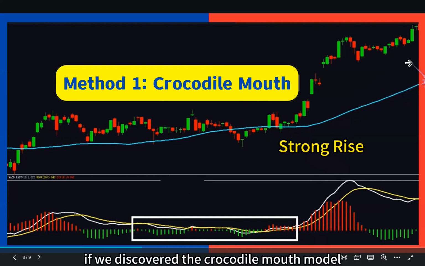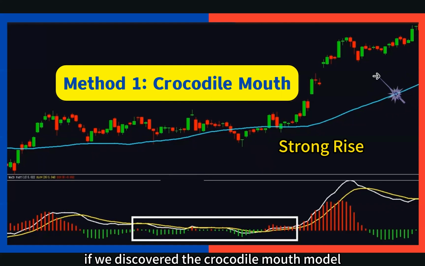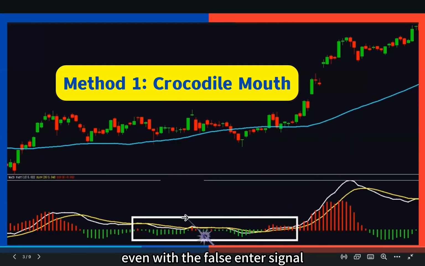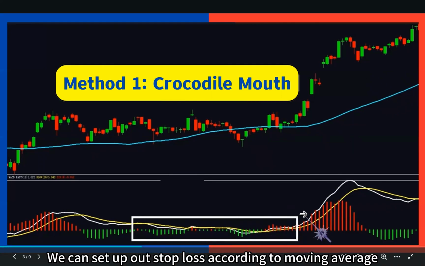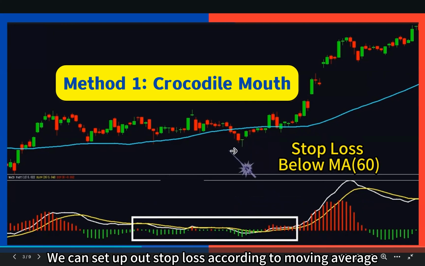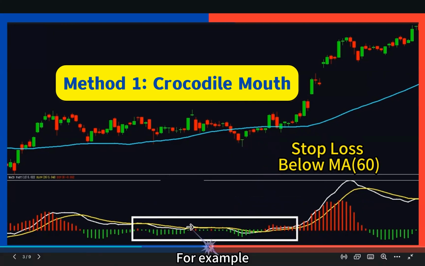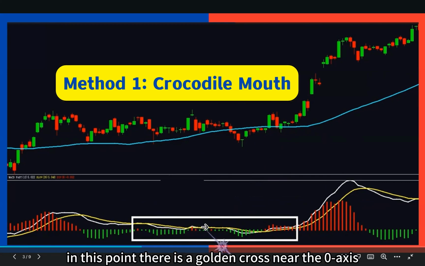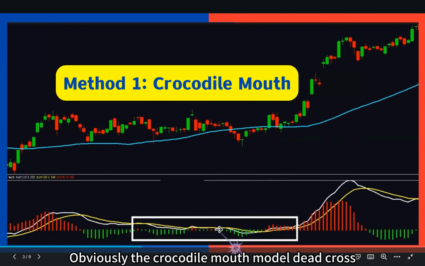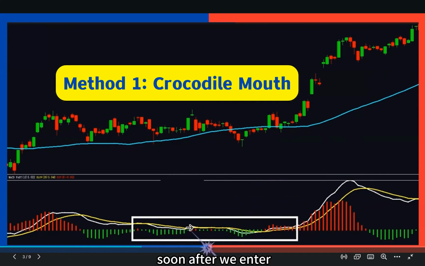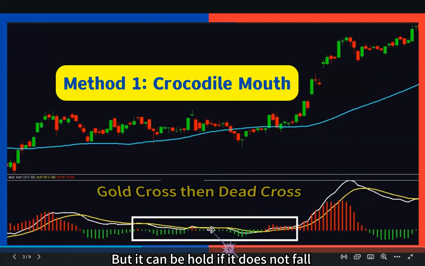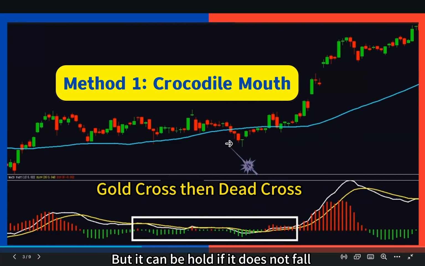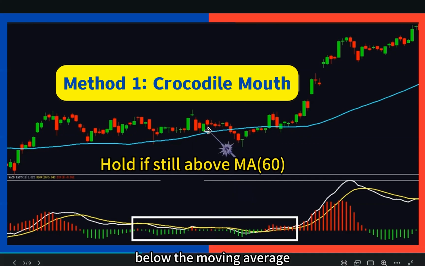This is to say, if we discover the crocodile mouth model, even with a false entry signal, we can set up a stop loss according to the moving average. What does that mean? For example, at this point, there is a golden cross near the zero axis. Obviously, the crocodile mouth model did cross soon after we entered, but it can be held if it does not fall below the moving average.